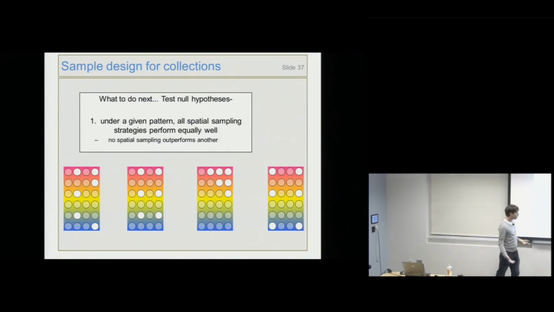A priori we might propose as our alternative hypothesis that the corner strategy might perform less well than the grid strategy because it's only getting this portion of that cline. So that's a null hypothesis we can test.